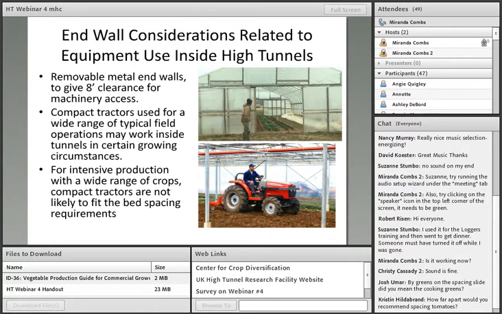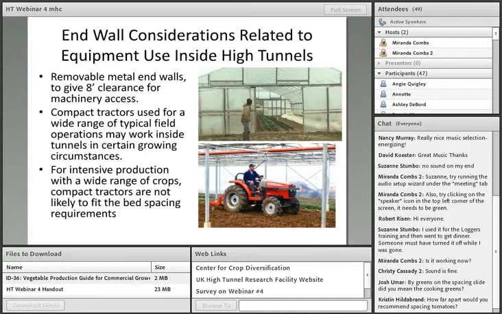But compact tractors can be an option. They're most likely to be useful for you for initial soil preparation, primary and secondary tillage for preparing the soil in the first place.